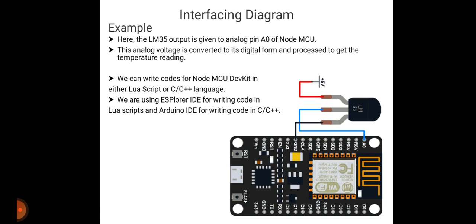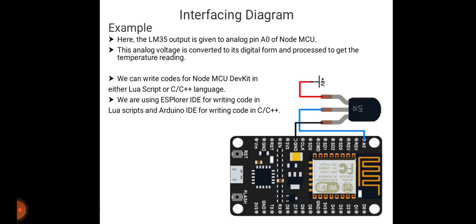This is the interfacing diagram. In the figure you can see that there is a temperature sensor which is connected to the A0 pin of Node MCU, and one pin is connected to ground, and here plus 5 volt supply is connected to VCC. This is the interfacing diagram.